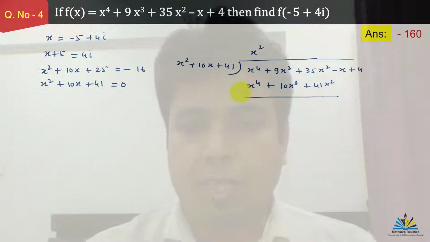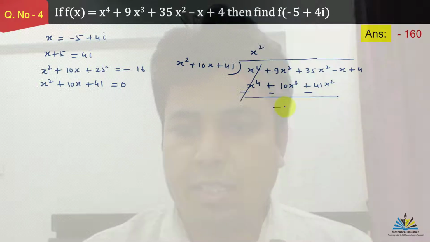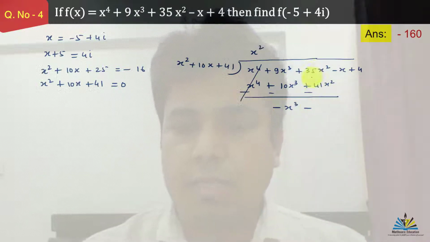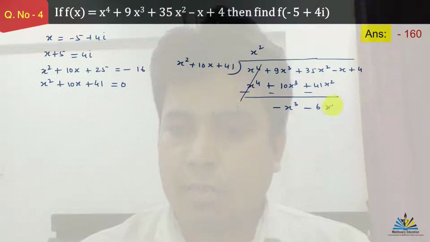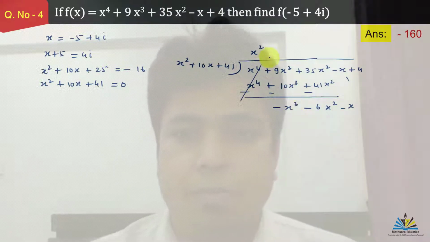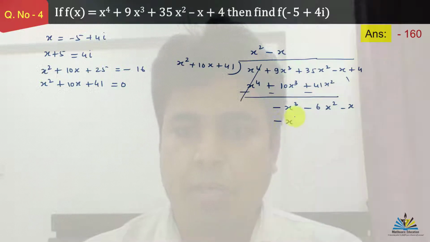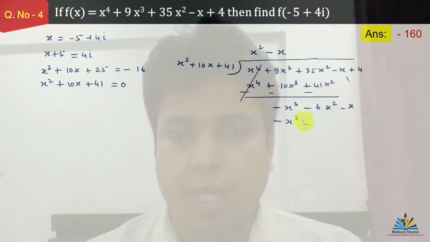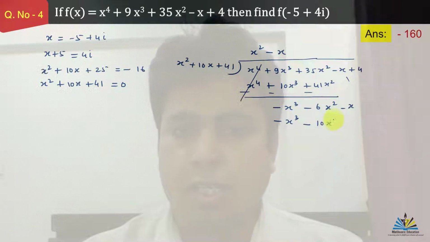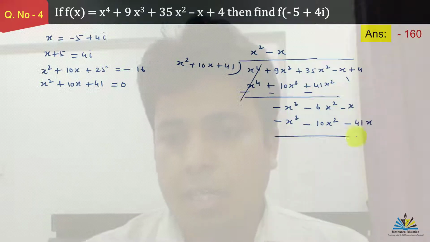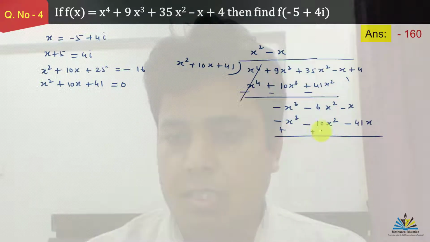On subtraction, this will cancel out, and here we get minus x cube minus 6x square and minus x, take minus x here. If we multiply it by minus x, we get minus x cube minus 10x square minus 41x. Again, this will cancel out.